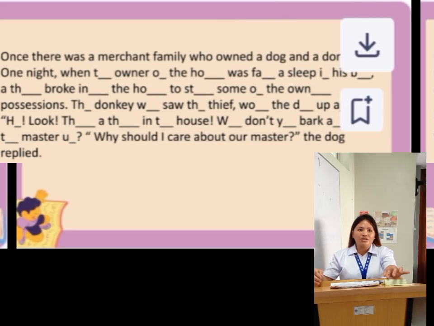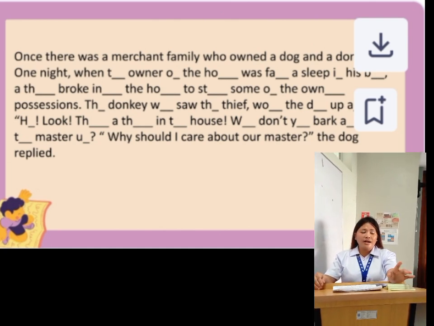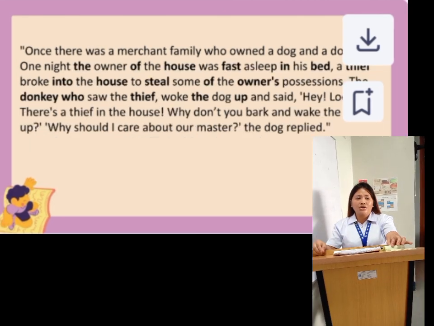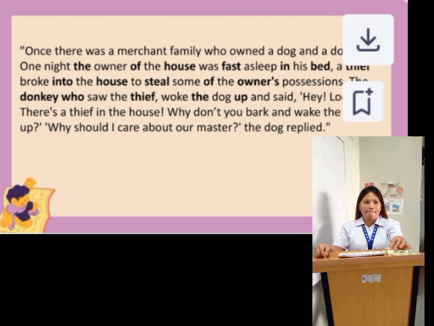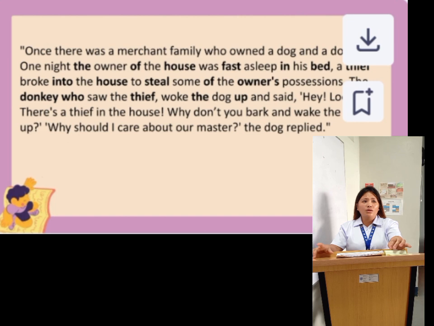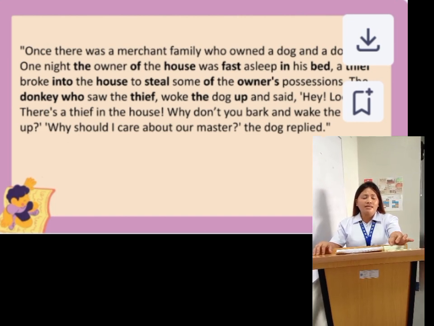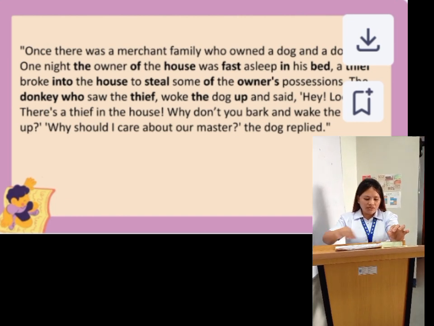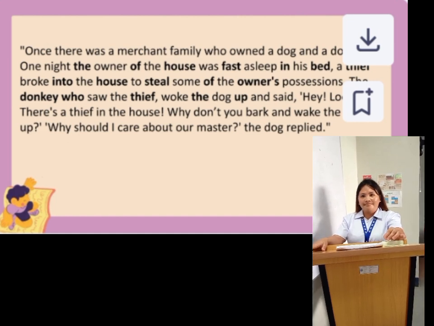For example: once there was a merchant family who owned a dog and a donkey. As you can see, there are letters that are incomplete. What you have to do is to complete the word. One night, and so on.